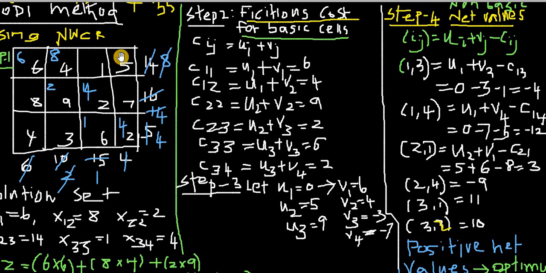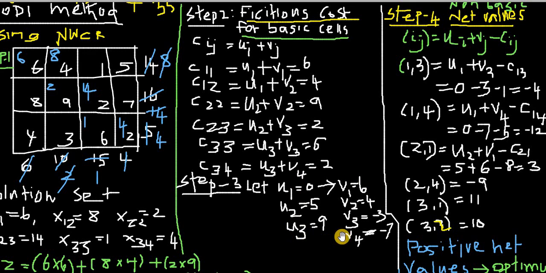The next non-basic cell is 1 comma 4. By using this formula, delta 1 4 equals u1 plus v4 minus c14.